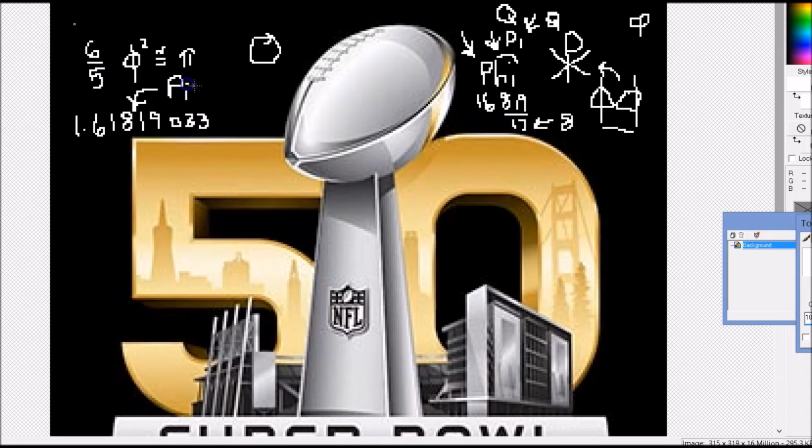Okay, so this is pi, but this is the real way to write it. This is the 25 way to write it, and this is the 17 way to write it, but it's also the Q. And it breaks phi.